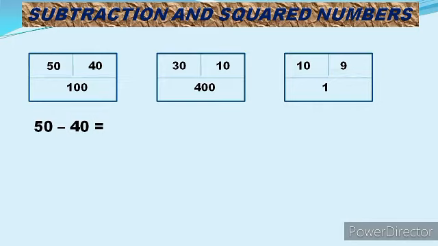Now the first thing you do is to think logically. Now you discover that when I subtract 50 and 40, I'll get 10. Okay, now from my 10, I can do the square of 10.